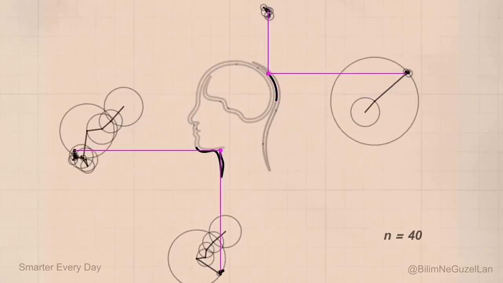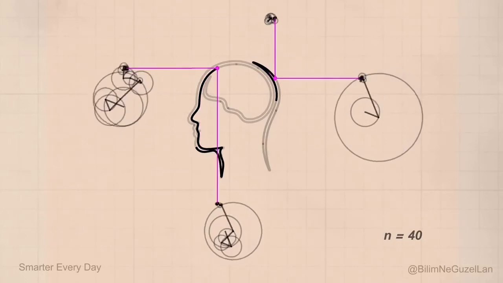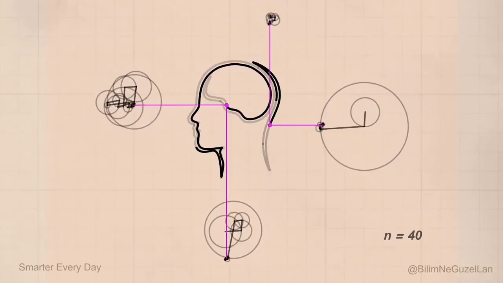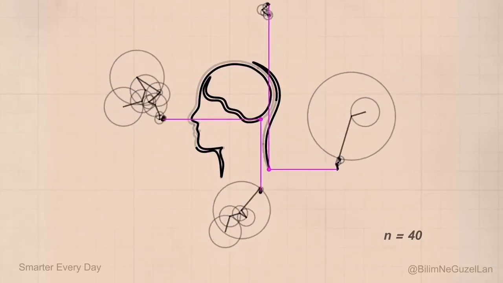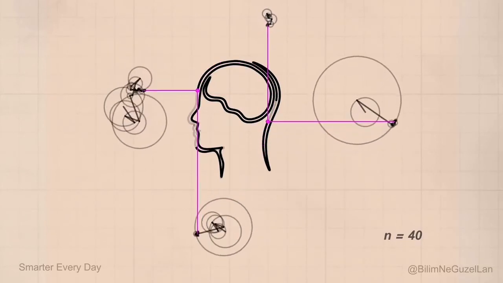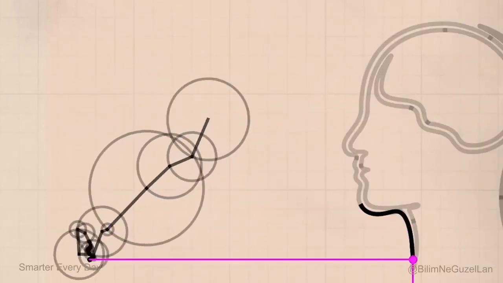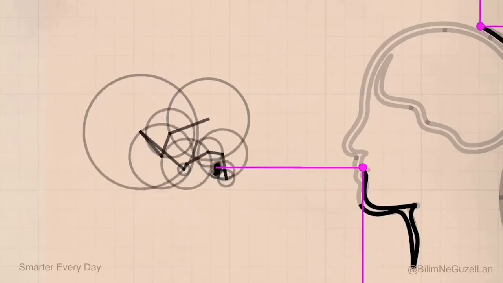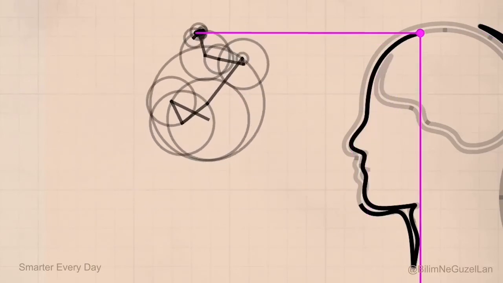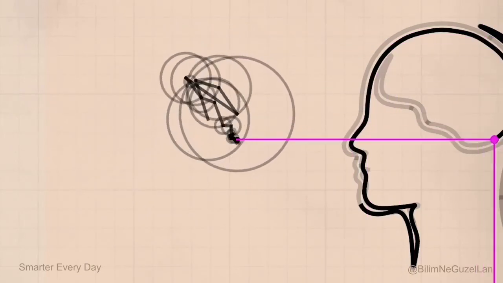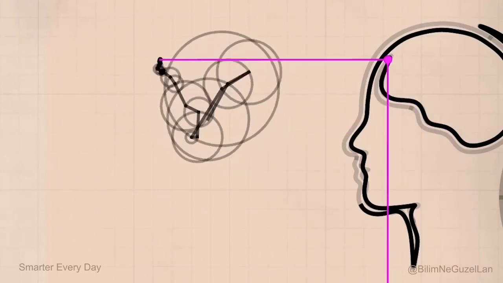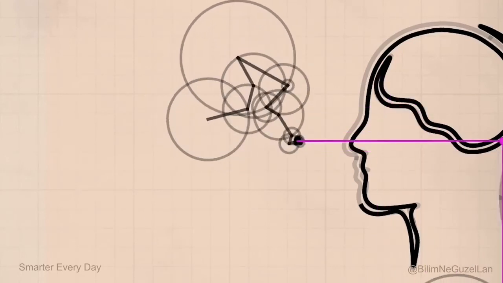At about 40 circles in this whole function, things start to look really good, and your brain would totally think that you're looking at a drawn image instead of a mathematically drawn function. If you look closer at just one of these arms, you would think that it's chaos, but it's not. It's complete order backed up by a mathematical function. In fact, this is why I love math. It's the language that describes the entire physical world.